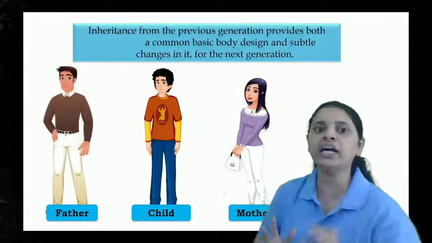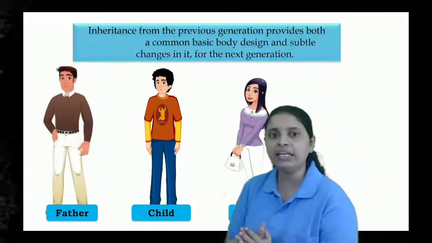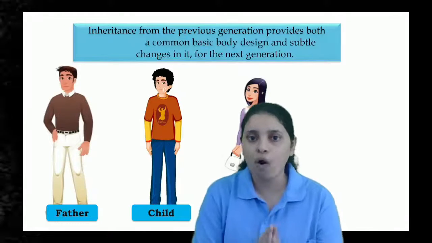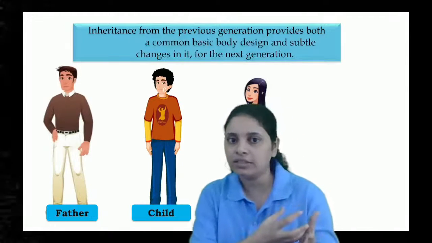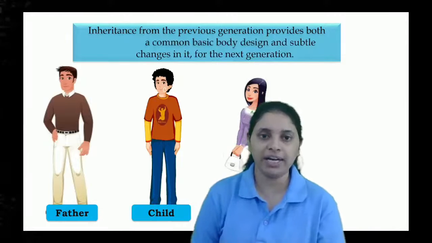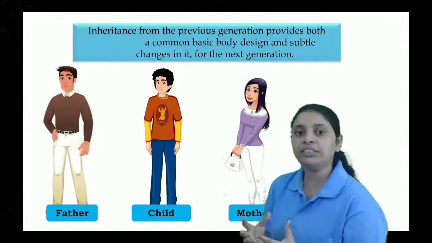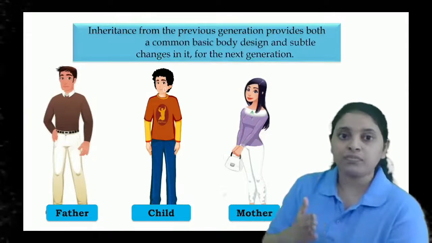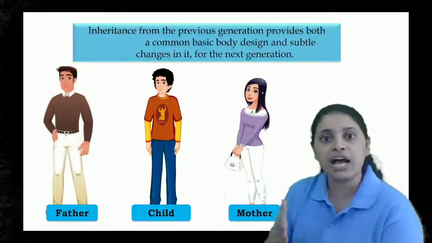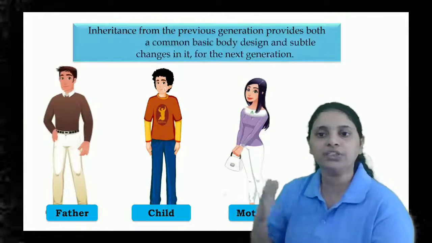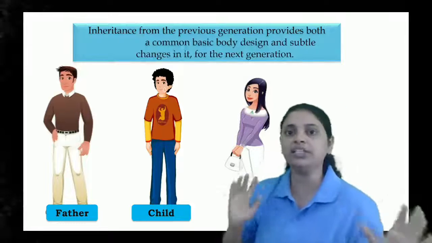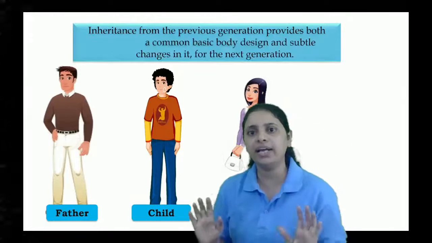Now look, what is the meaning of heredity? Heredity is study of these variations, right? Yes, what is heredity? It is basically how the traits are transferred from one generation to next generation. If you have to write the definition of heredity, what will you write?